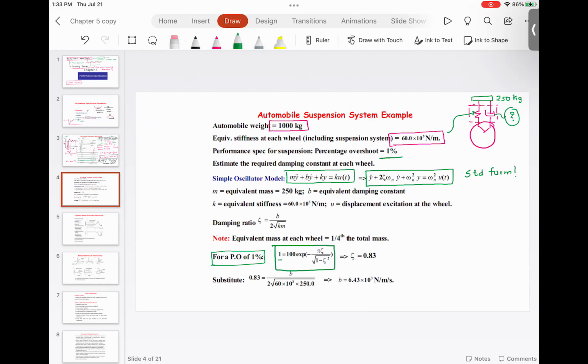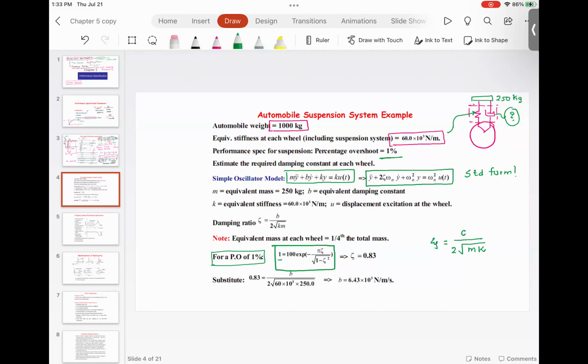As we know, zeta is defined as C divided by 2 root of mk. In the last class, we derived this, the damping coefficient. Zeta is 0.83, which is equal to C divided by 2 root of mk.